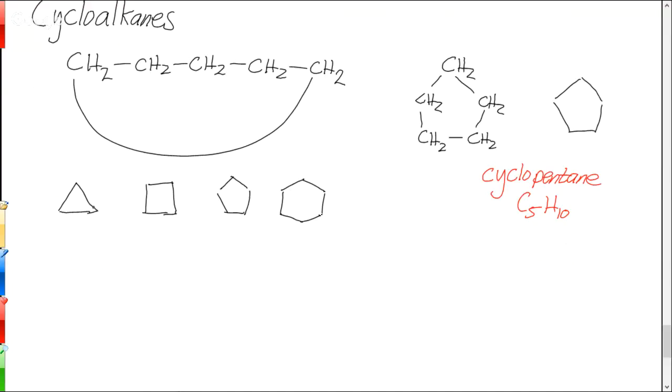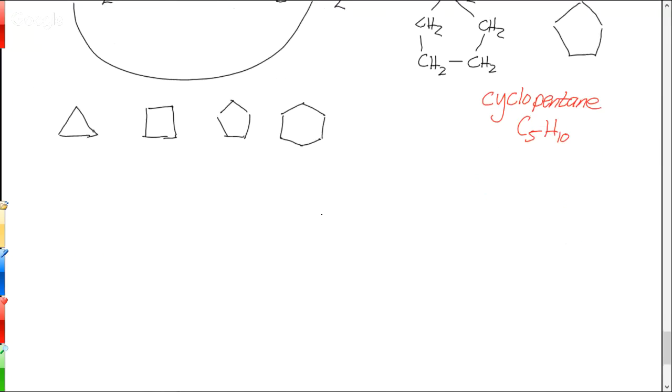They can also have substituents, things coming off of them. And instead of the main name being hexane or heptane, it's cyclohexane, cycloheptane, and so on. So we could imagine a structure like this. If you wanted to name that, the first thing you have to recognize is that there is a cyclo structure.